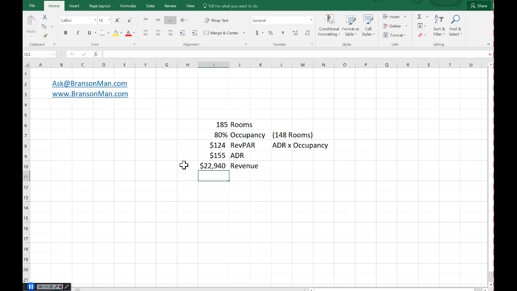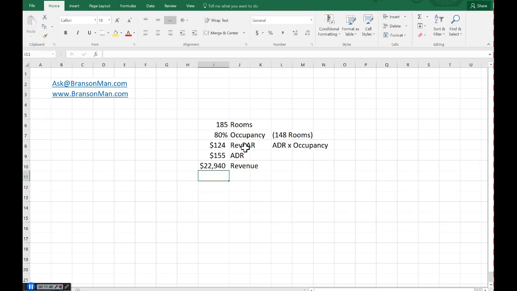You can also compare it to other reports like the Smith Travel Report, the STAR Report, which is the industry standard. If the STAR Report tells me that the rest of my city has only gone up 1% for RevPAR year to date, but I've gone up 2.5%, then I know that I'm pacing really well and I'm getting good occupancy and a good rate for each of my rooms.